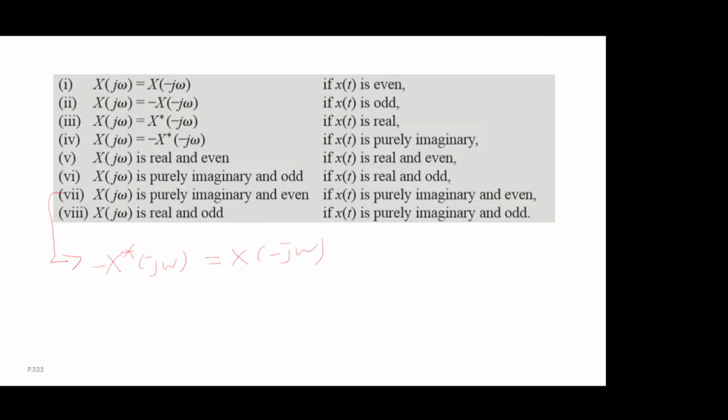This is from imaginary, right? We are just swapping things around because we want this X of minus j omega. And if it's even, this is also equal to X of j omega. And so once again it's even, but if you compare those two, then you see that when you get a star you get a negative sign, so this is also imaginary. Okay. So anyway, we have all those four conditions.